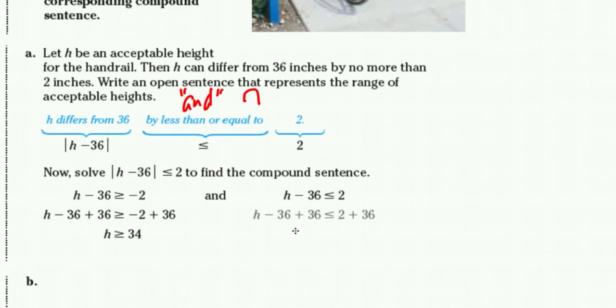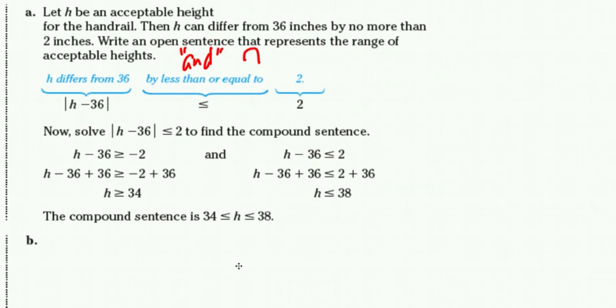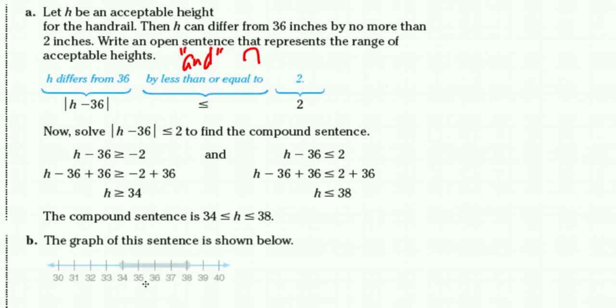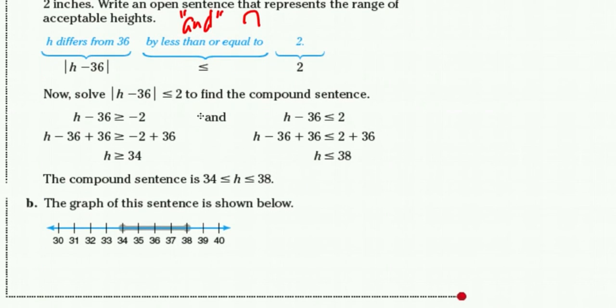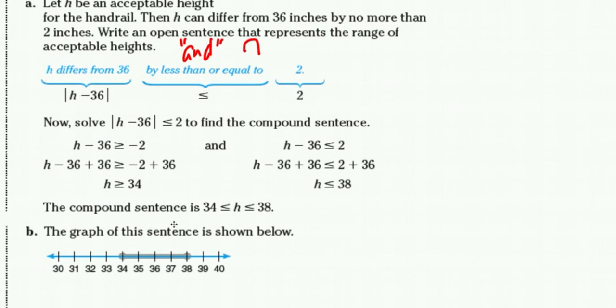We simply add 36 to both sides to end up with h less than or equal to 38. So the compound sentence is h is greater than or equal to 34 and less than or equal to 38. If you graph this compound inequality, you'll end up with a dot on 34, a dot on 38, and a line in between. Remember, this is an and scenario, which means it's the intersection of both graphs.